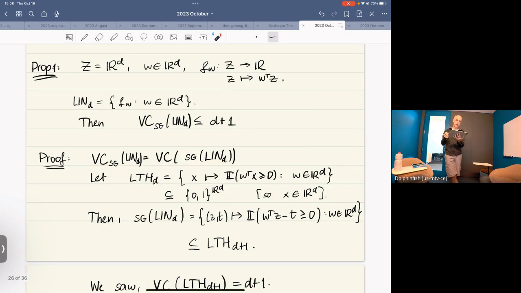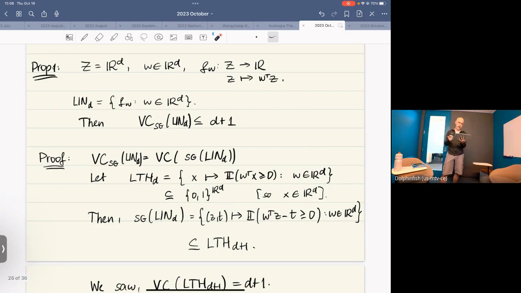And now recall that we had something already that we know about this other function class. It's called the linear threshold class. In the linear threshold class for dimension d, you have x coming from d dimensions, and then you calculate the inner product with some weight, and then if the inner product is non-negative, you return a 1, otherwise you return a 0.